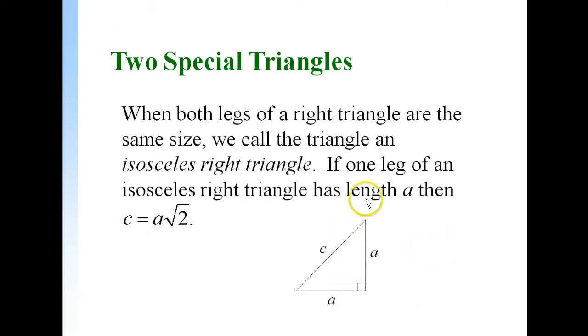Okay, let's take a look at this one. This is a special case where both legs of a right triangle are the same size. We call this triangle an isosceles right triangle. That is, two sides are the same. So if you have A and A, let's work this one out.